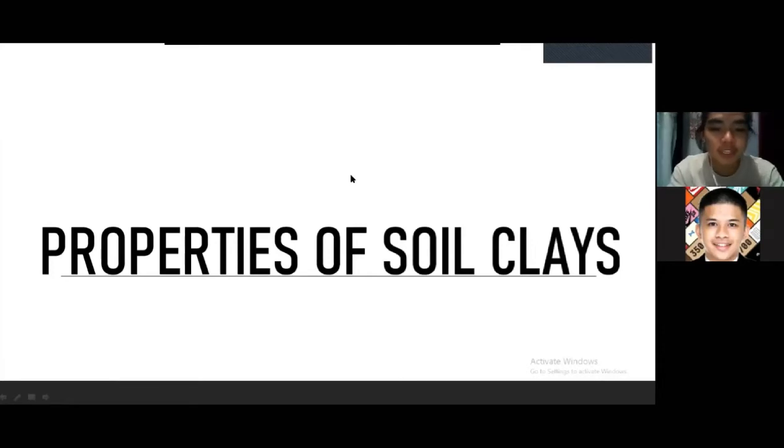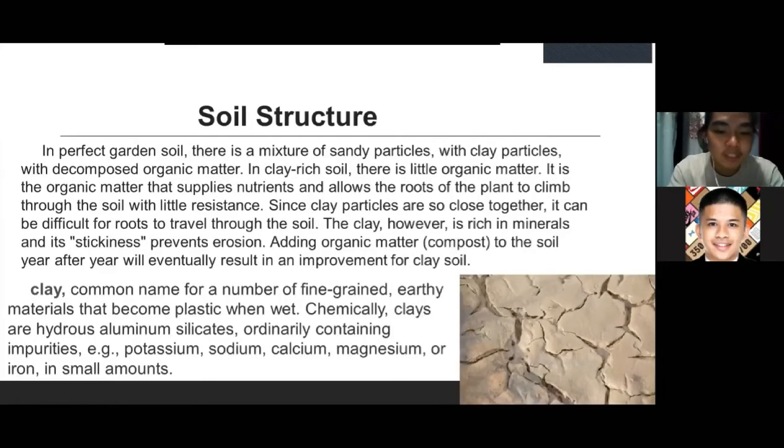Properties of soil clay. Soil structure. In perfect garden soil, there is a mixture of sandy particles with clay particles and decomposed organic matter. In clay-rich soil, there is little organic matter. It is organic matter that supplies nutrients and allows the roots of the plant to climb through the soil with little resistance.